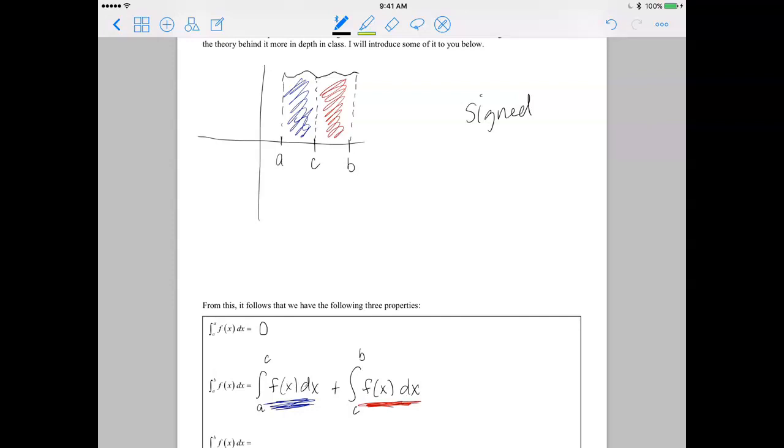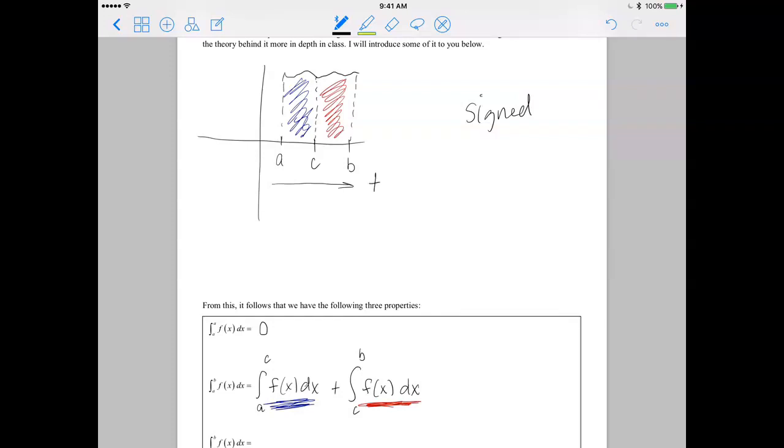And so basically what happens is that if we integrate from left to right, so for instance from a to b, we consider that to be positive area as long as it's above the axis. And right now we're just talking about positive functions only. So if I integrate from left to right, that is a positive area.